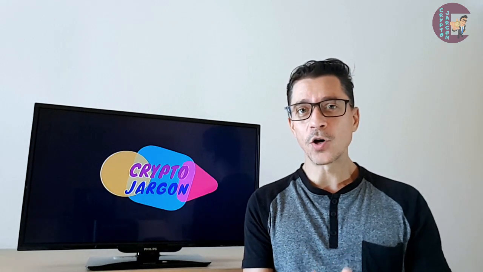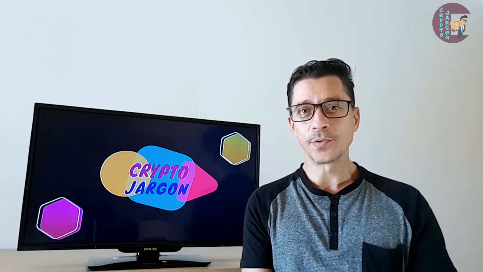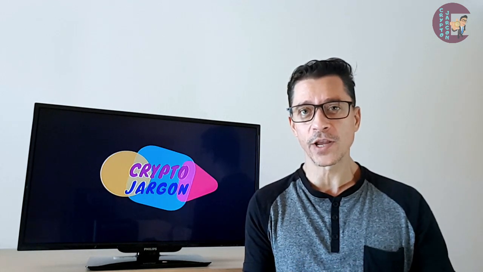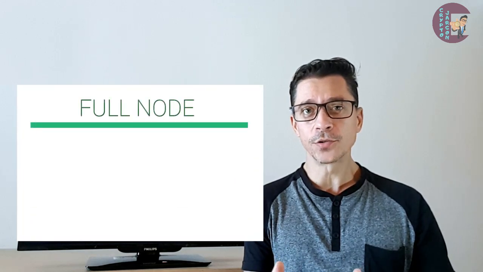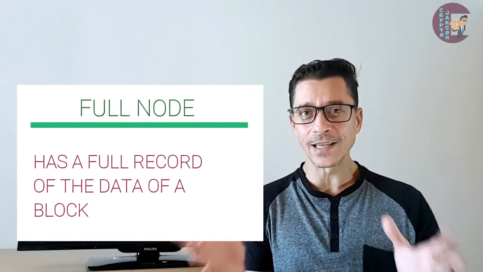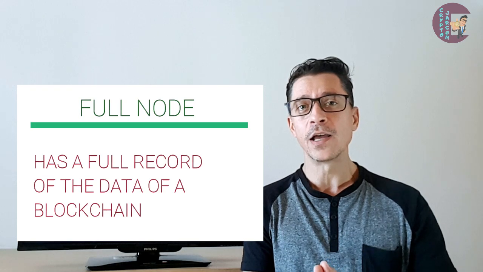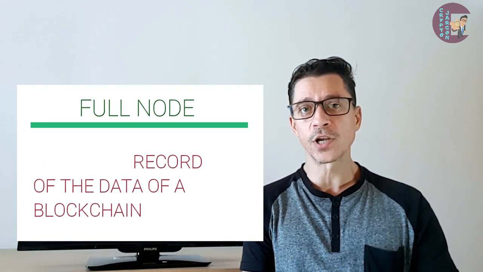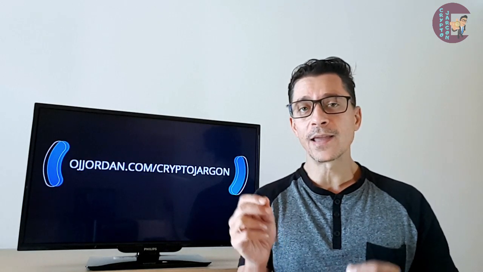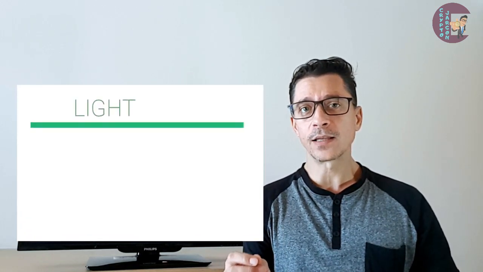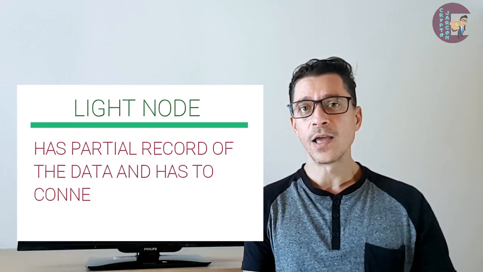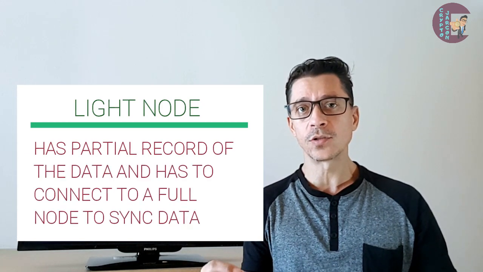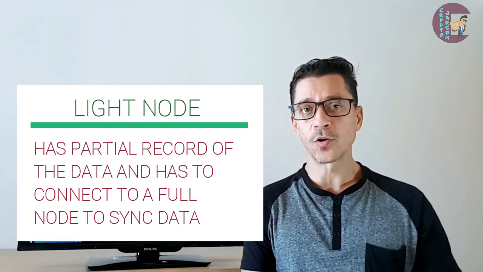Now, what is a node? A node is a computer that runs a software with a copy of the history of a specific blockchain. It can be a full node, meaning that it has a copy of the entire history and can verify transactions and observe all the different rules for a specific blockchain, or it can also be a light node, meaning that it only has partial information and relies on a full node to extract and sync to the most current data on that blockchain.